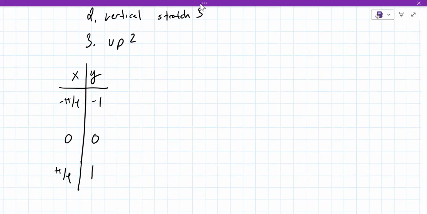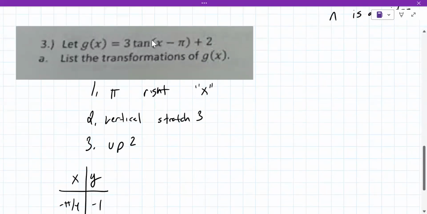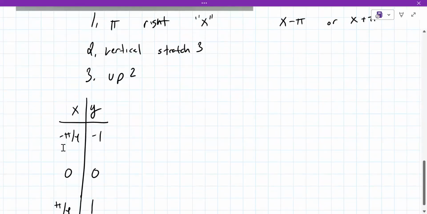Now, pi right affects the x value, but we looked at length last night, and just to keep it simple, if it's x minus pi or x plus pi, it's still the same graph. So that actually will not affect these x values at all.